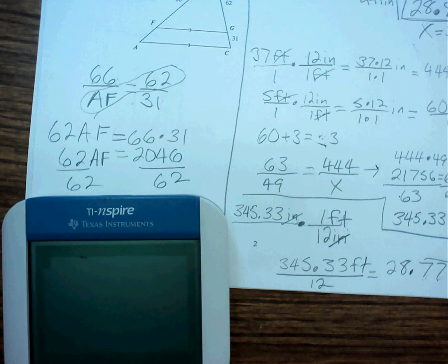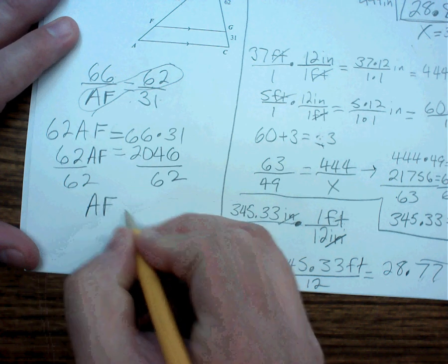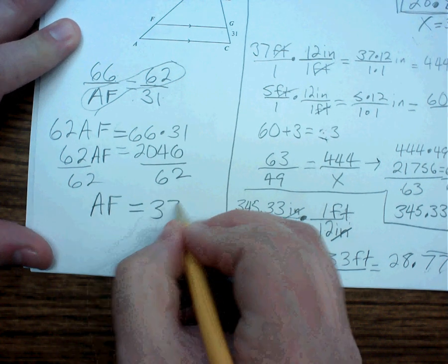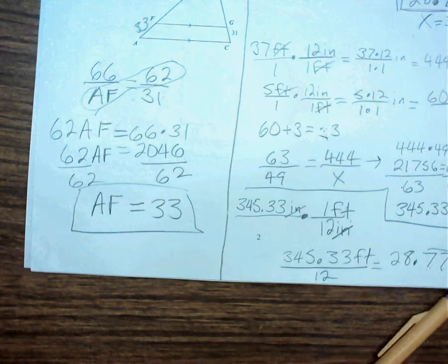Clear. 2046 divided by 62. 33 it is, my friends. Okay.